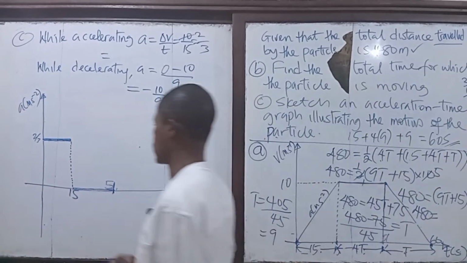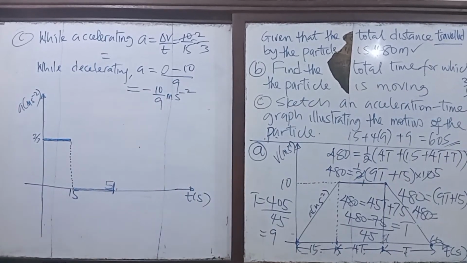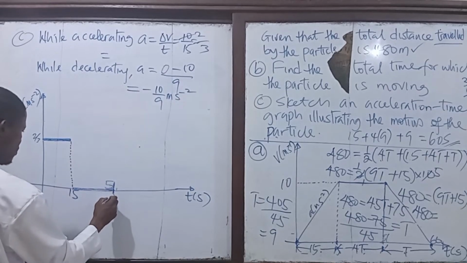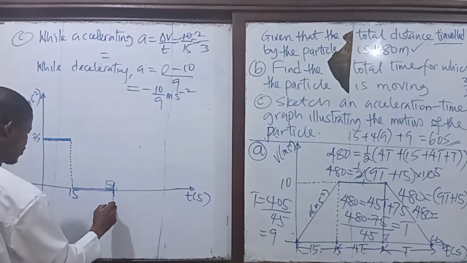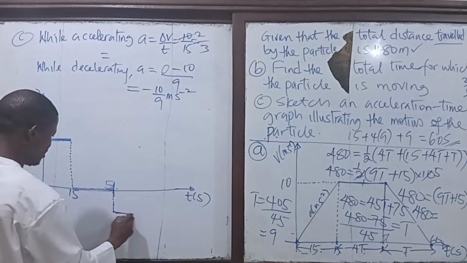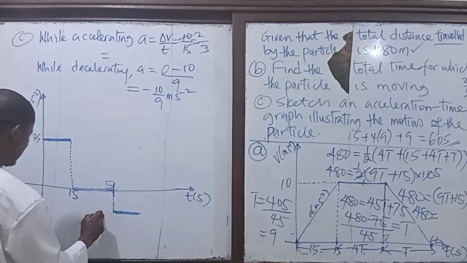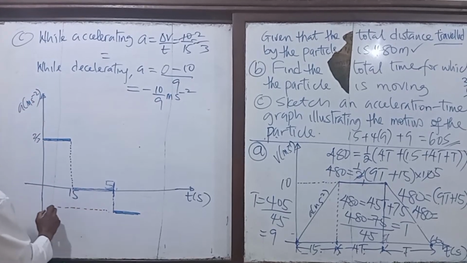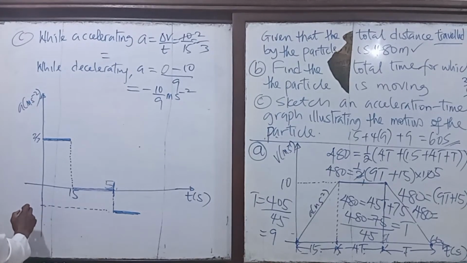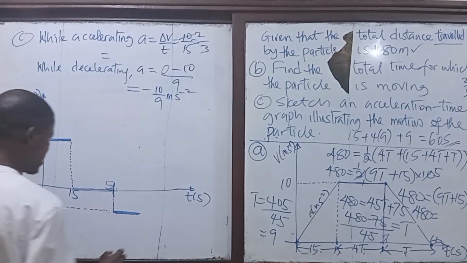So we just go down from here. Stop at any place. You can trace this place. This is your minus 10 over 9.